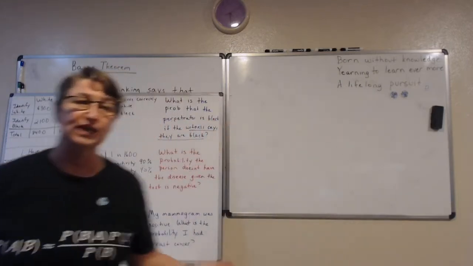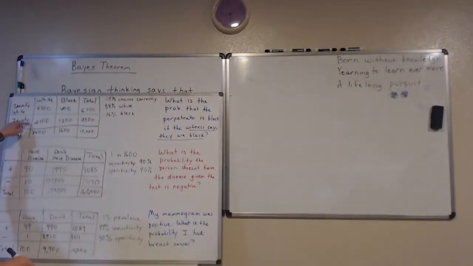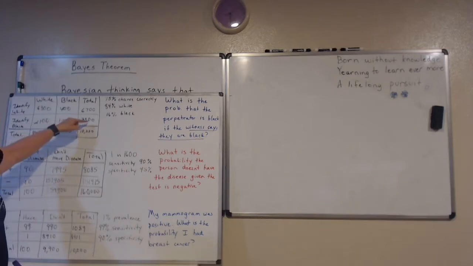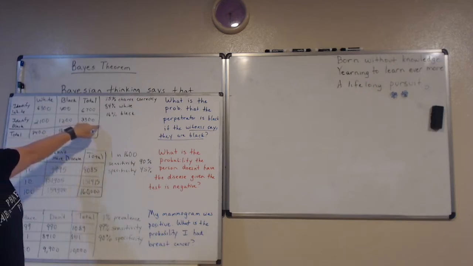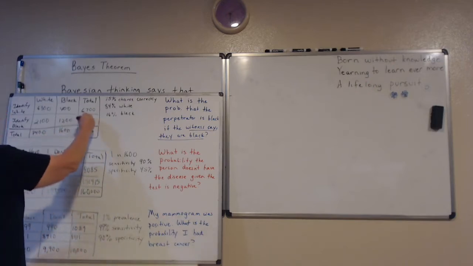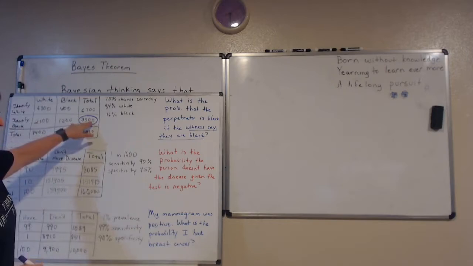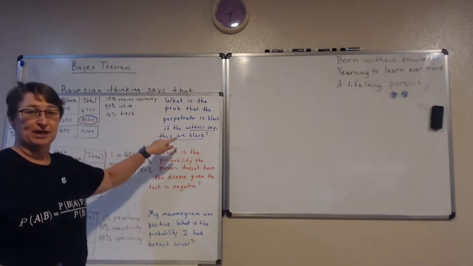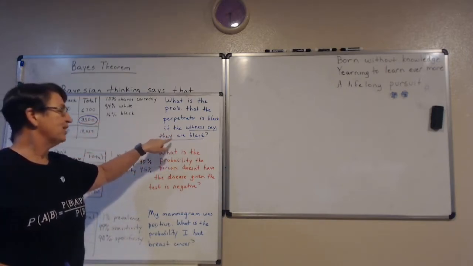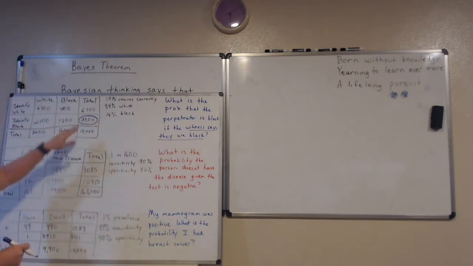Well, I'm looking at the ones that were identified as black. And that was 3,300 of them. So 3,300 of them were identified as black. That's my denominator. The 3,300 is the denominator.